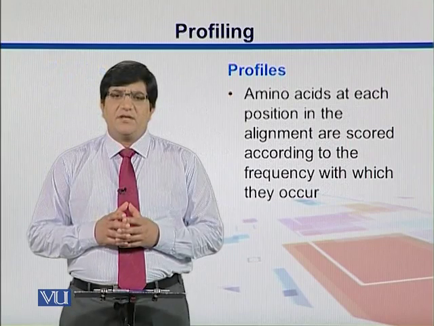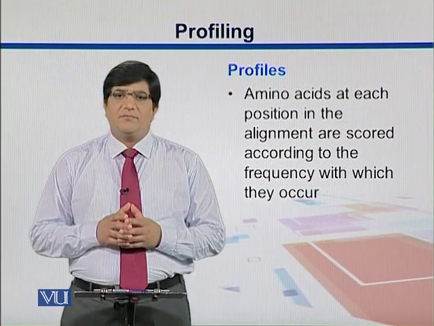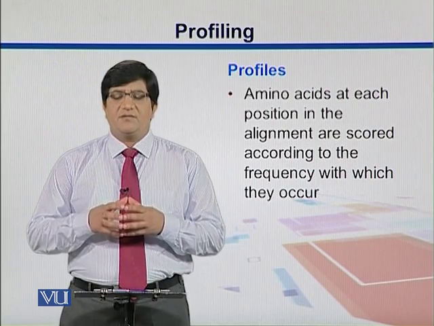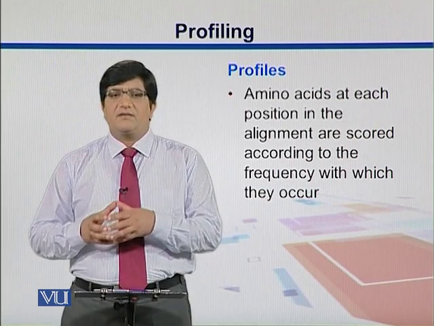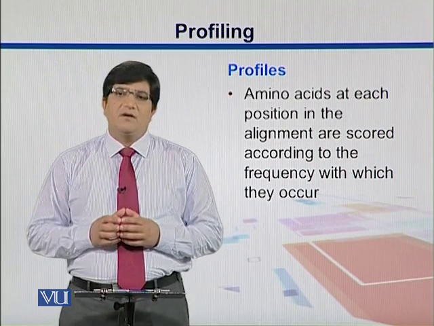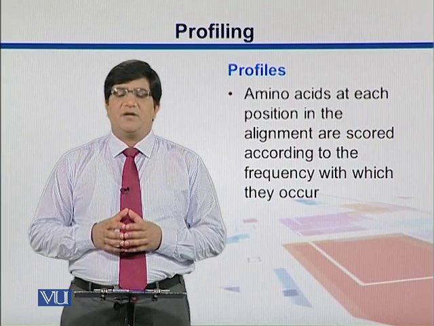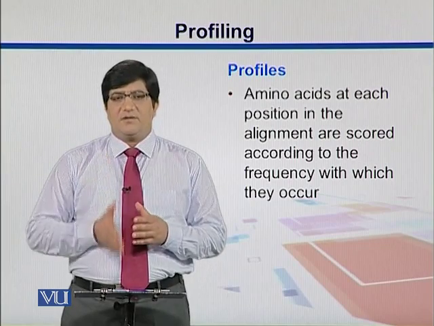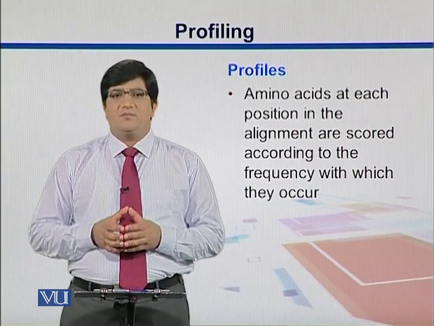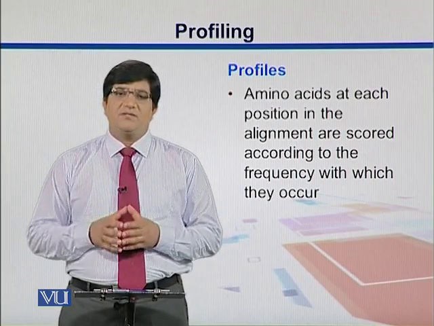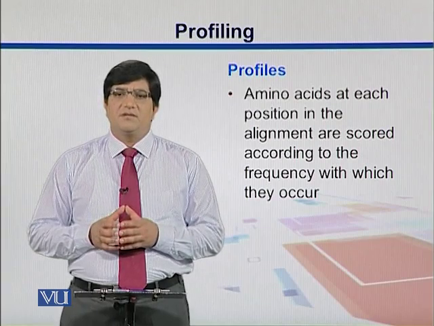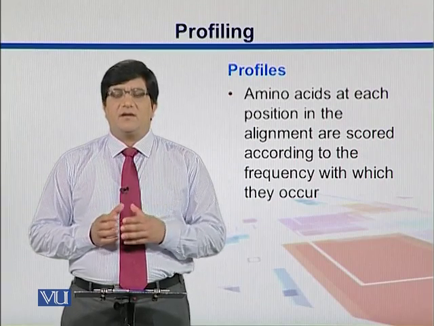Sometimes we take those profiles and go into the data sets, which we call training data sets, or we go to the databases where we record the frequency of the different amino acids at different positions of those proteins. We can use that profile information to validate our alignments.